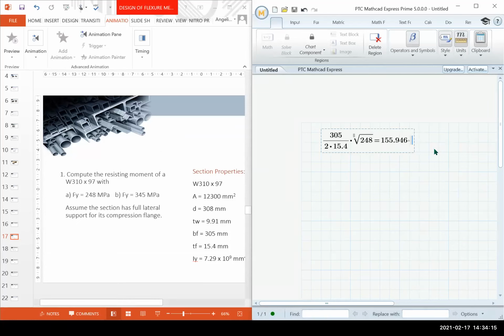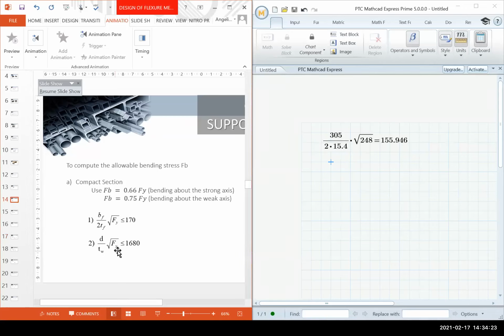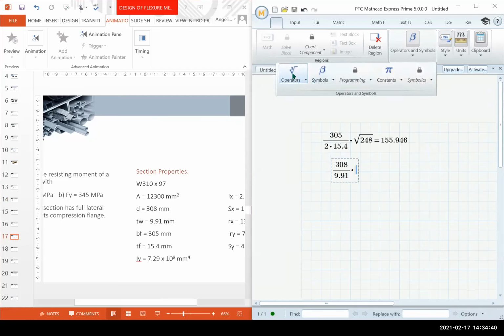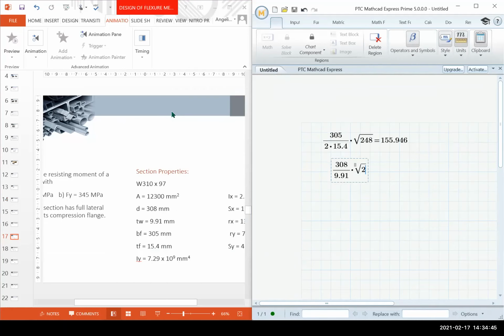So, pwede na natin masabi na compact. Try muna natin yung second equation. That is d over TW. Check ulit natin para sure. d over TW times square root of FY should be less than 1680. So, ang depth is 308 all over TW, that is 9.91, multiplied by square root of FY ulit, which is 248.